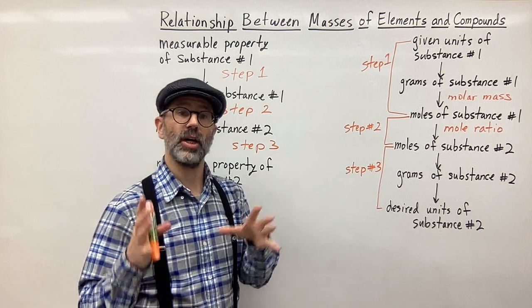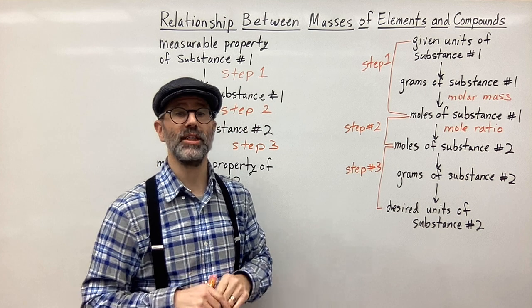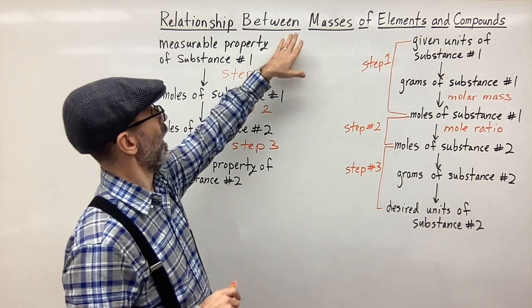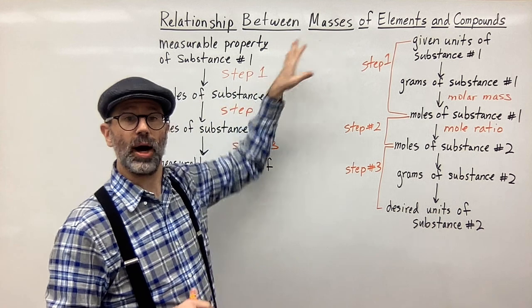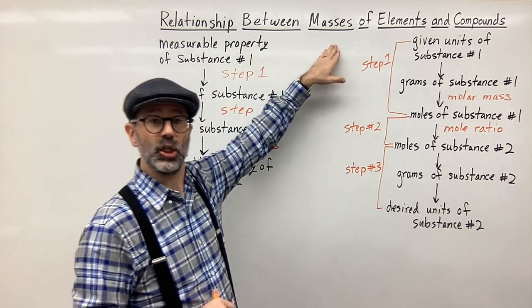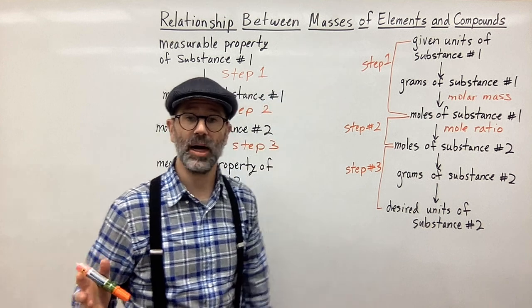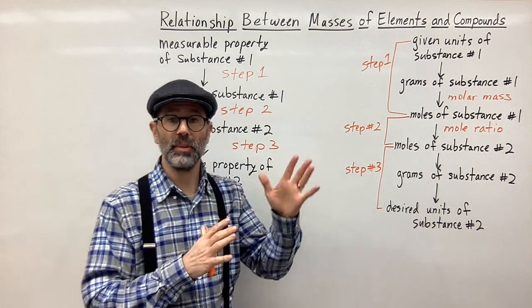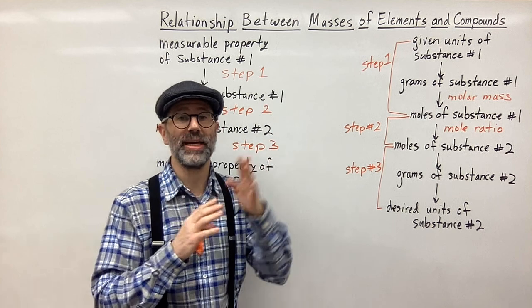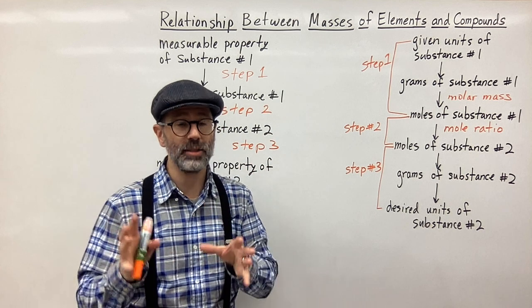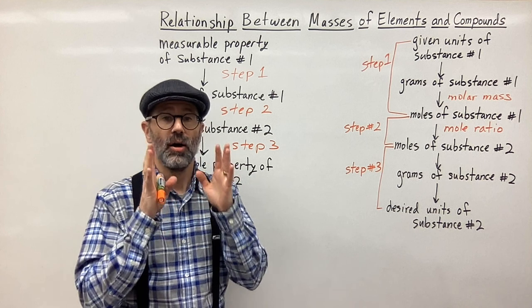The one place that we're going to be focusing on in this video is the formula, because, as the title says, we want to look at the relationship between the masses of elements and their compounds. If we're converting between an element and the compound of which the element is a part, then it's going to be the formula.